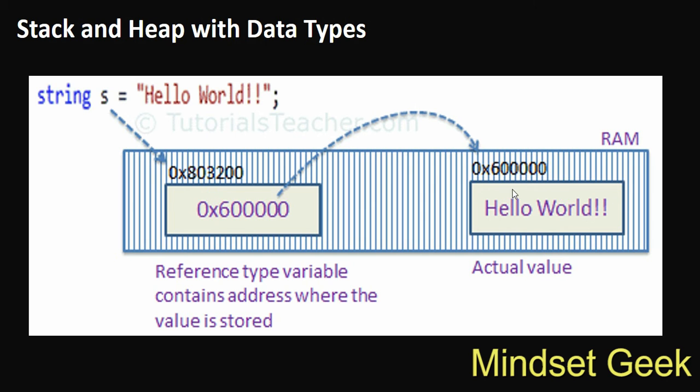That memory location is 0x, this one. In reference type, they store this memory location. If we want to get the actual data, they use this memory address, point to this memory address and get this value.